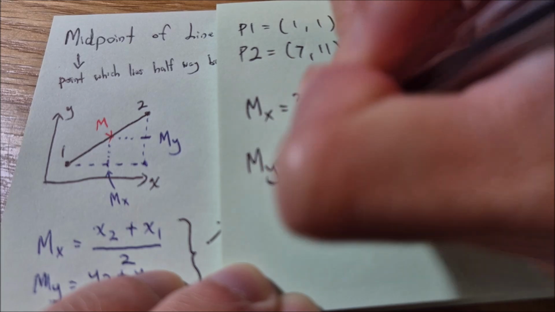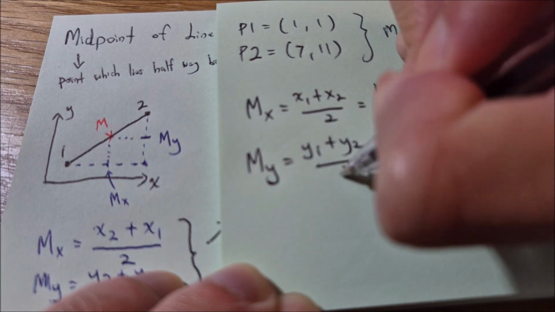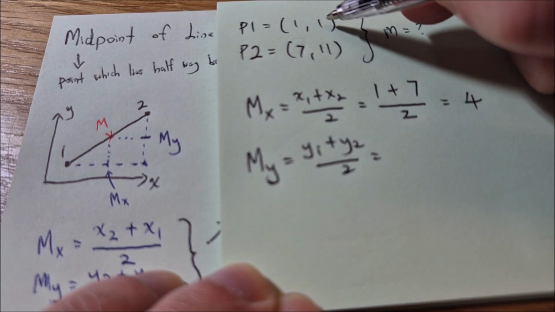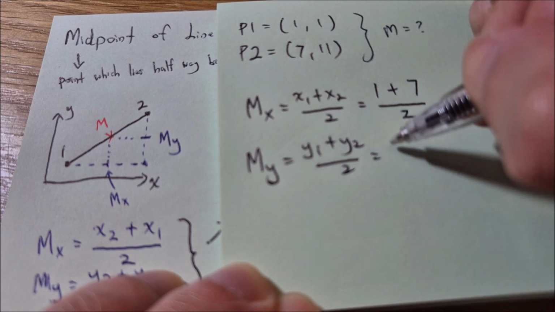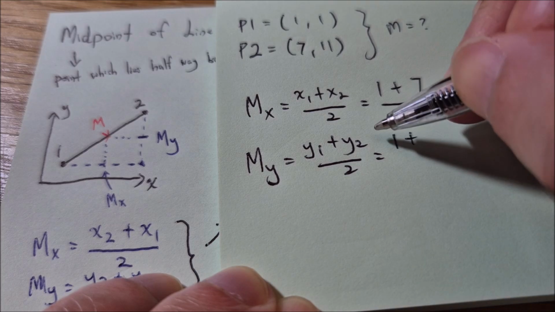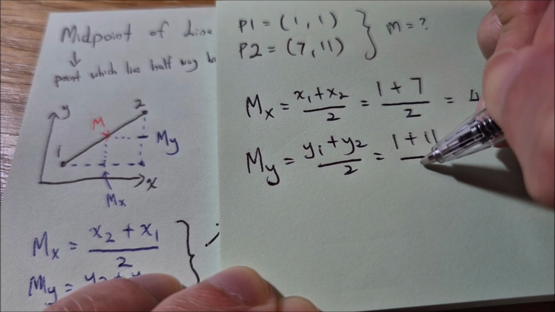And our midpoint in the y direction will be y1 plus y2 divided by 2. Our y1 is our y coordinate of point 1, which is just 1, and then our y2 is 11, all over 2.